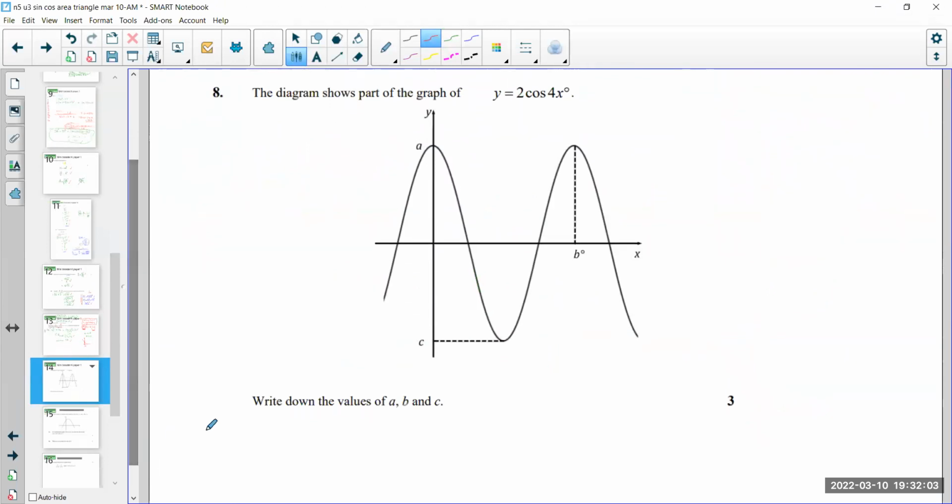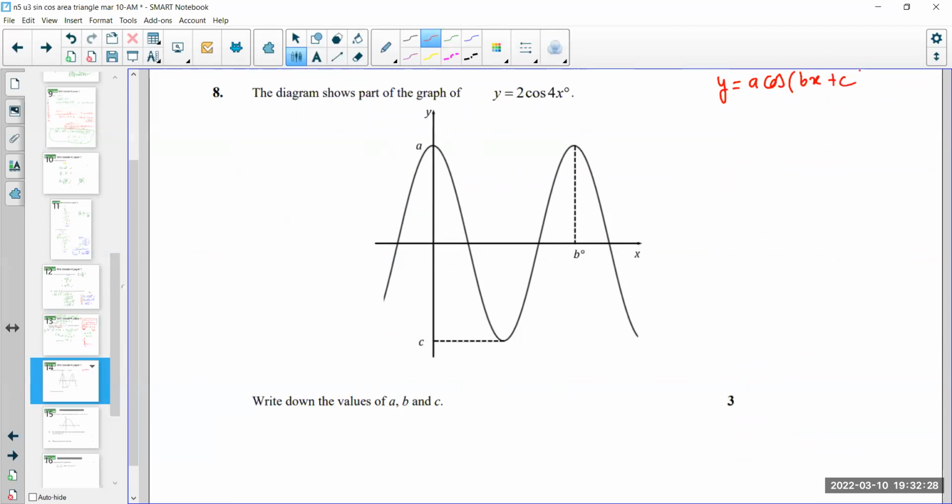So this question threw a few because they're not used to seeing this with A, B, and C like this. So this is the bit where I said you need to understand what you do rather than going, oh, this is the same as my y equals A cos bx plus c.